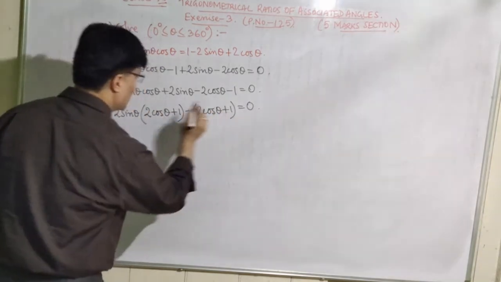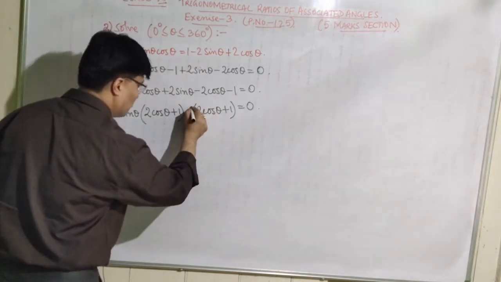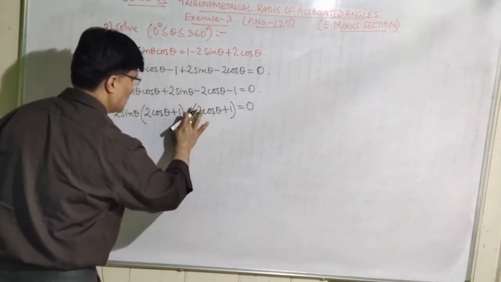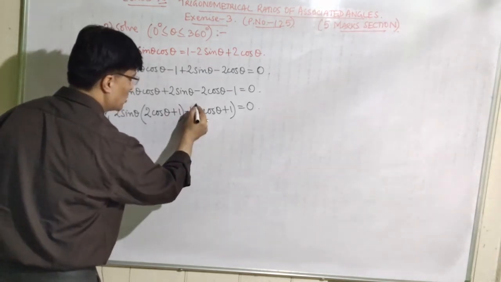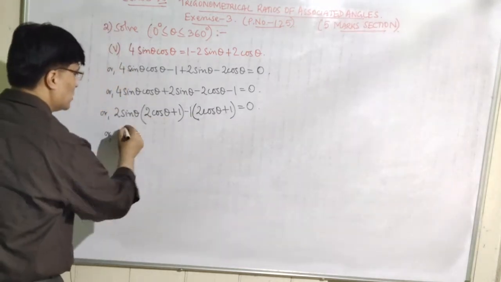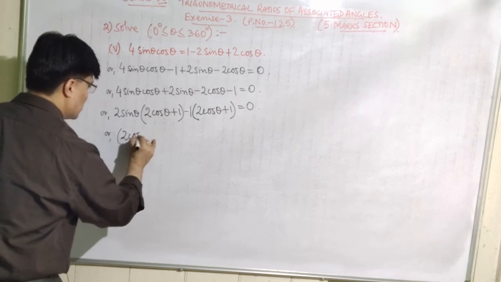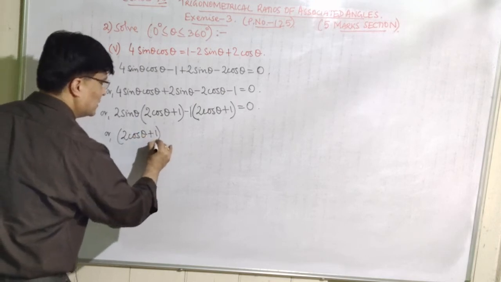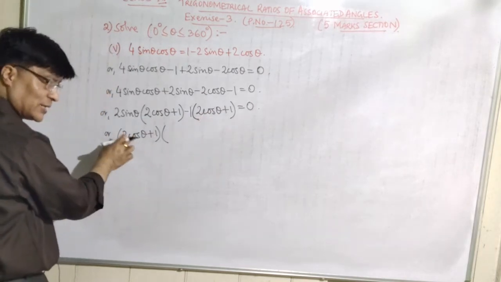Now again, what is common here? 2 cos theta plus 1. Here minus 1 is taken common here. So within bracket we have 2 cos theta plus 1, okay? So what is common now again? This is 2 cos theta plus 1 into this 2 cos theta plus 1 is common here. It is taken outside.